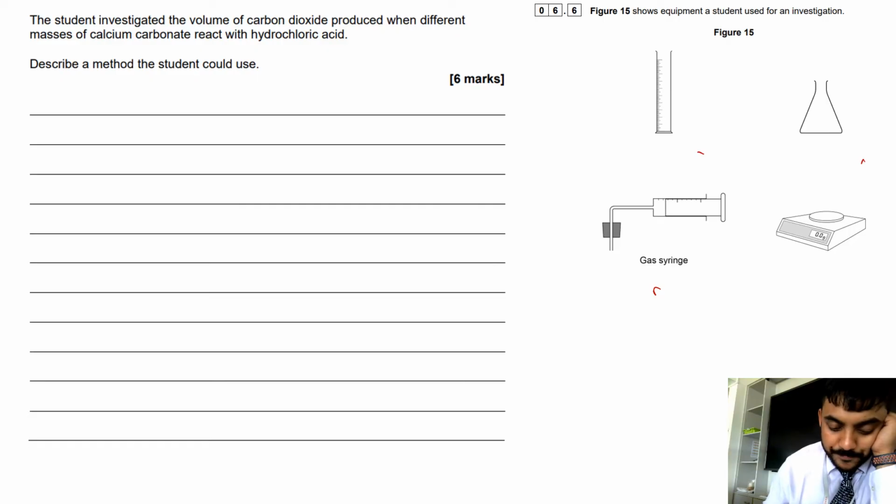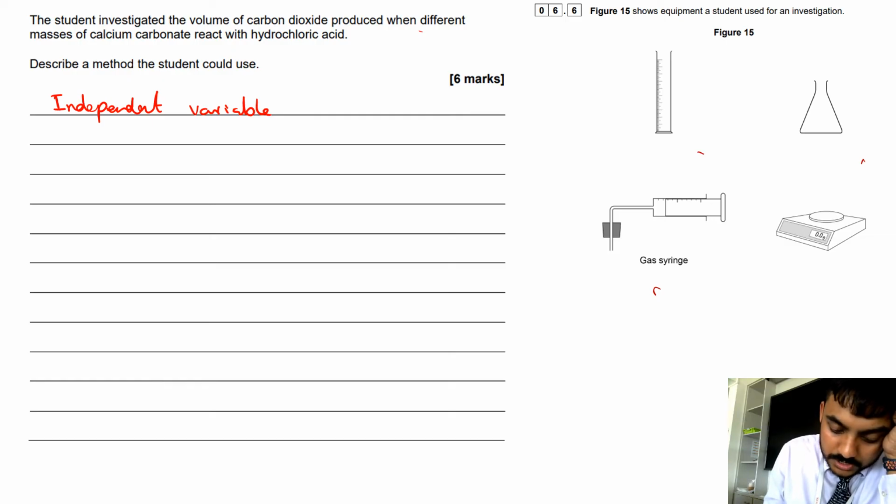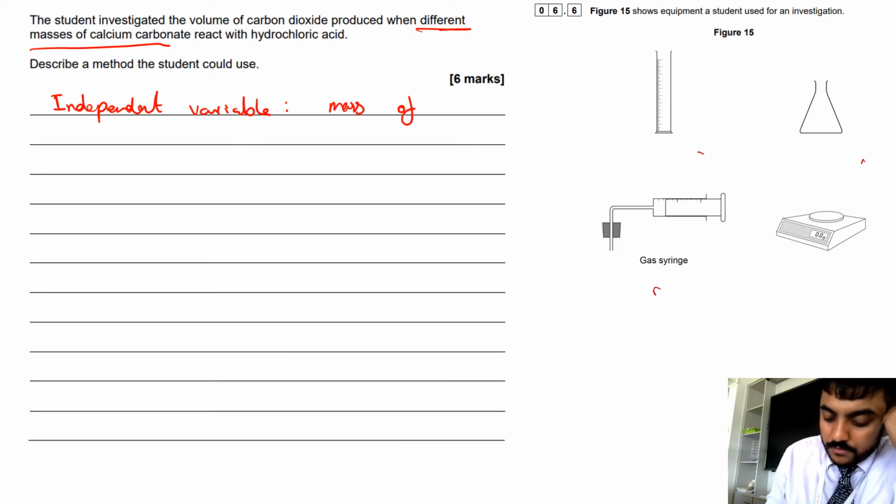You have to say that you're going to change the independent variable, what you're going to change. We are going to change the different masses of calcium carbonate. Independent variable is mass of calcium carbonate. How are we going to change it?